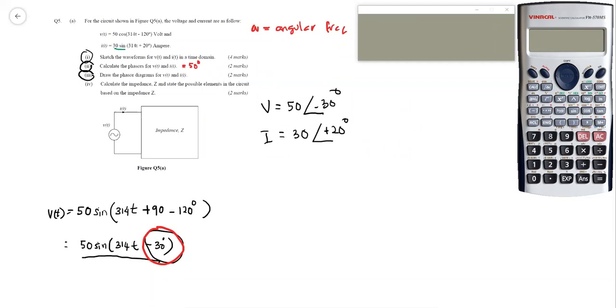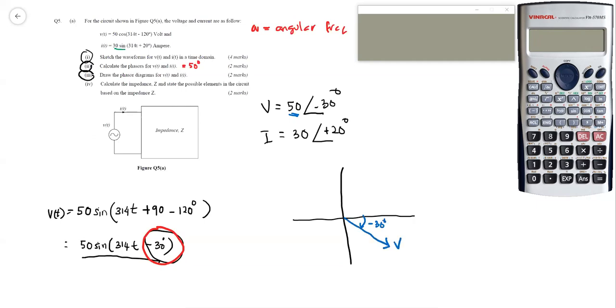Okay, so this one we have discussed last week. Sketch the voltage. The voltage magnitude is 50, the angle is negative 30, meaning that the angle is down here, negative 30 degrees.